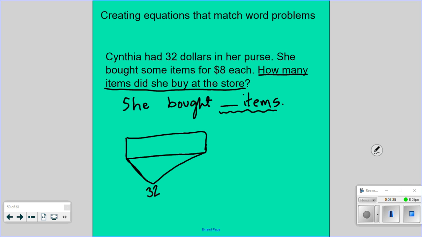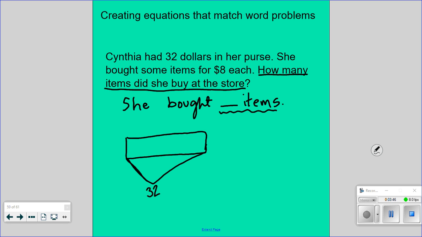What happened next? What did she do, Lincoln? Harper, what did she do with those $32? Do we know how many items?